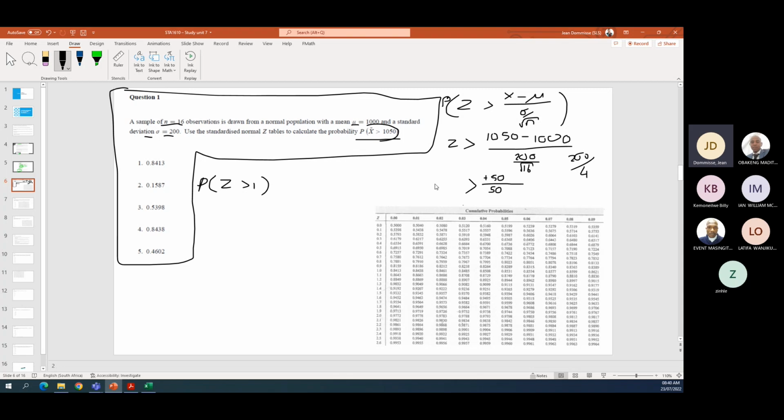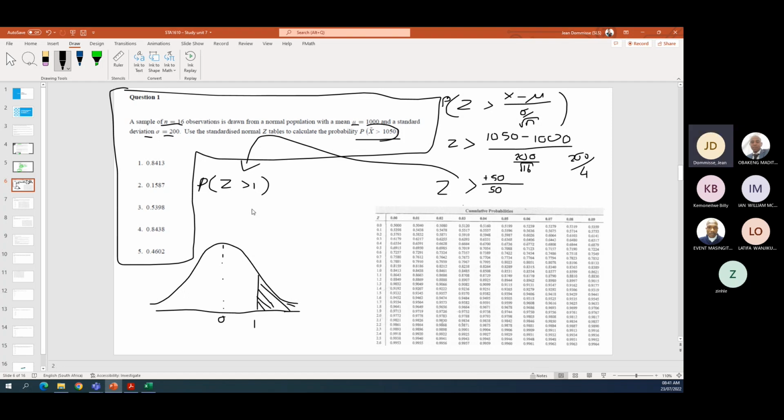Okay, so that is basically what we need to work out. I, as always, like to draw the normal distribution. In the middle is Z0. Somewhere here is Z1. We need to work out the area that is bigger.